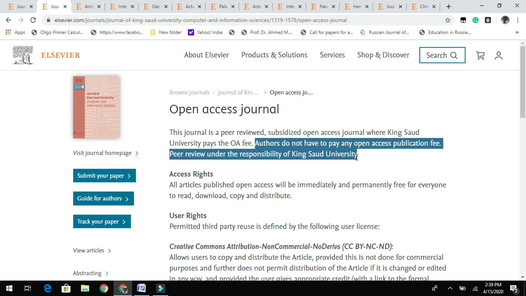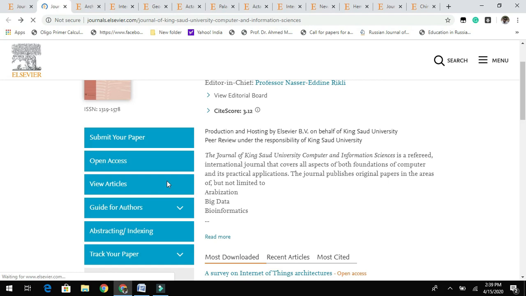So if you are planning to submit any research article related to computer science, then you can come to this journal and see the aims and scope, read the author's guideline, and try to submit. Let us see the abstracting and indexing of this journal.